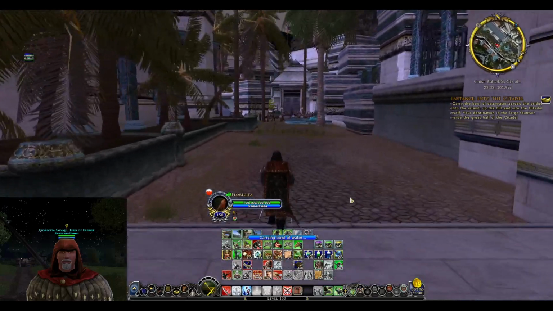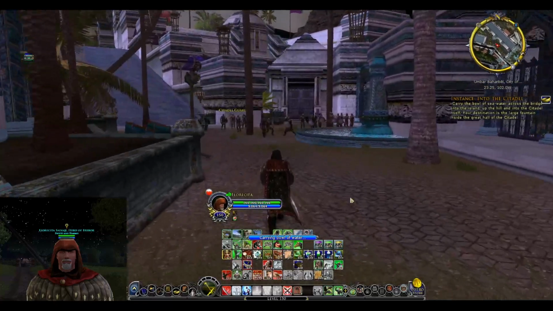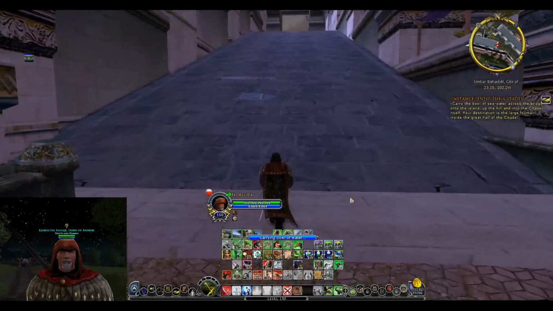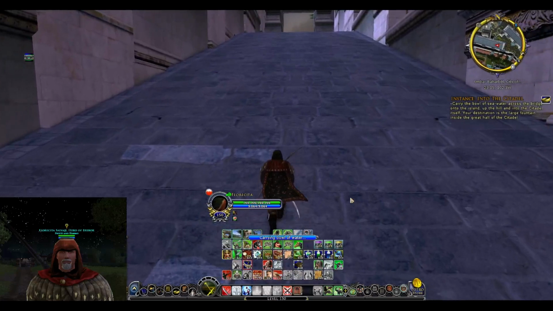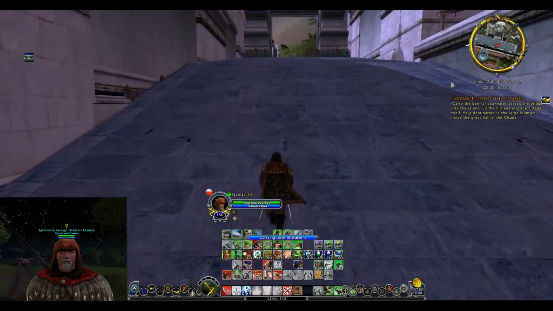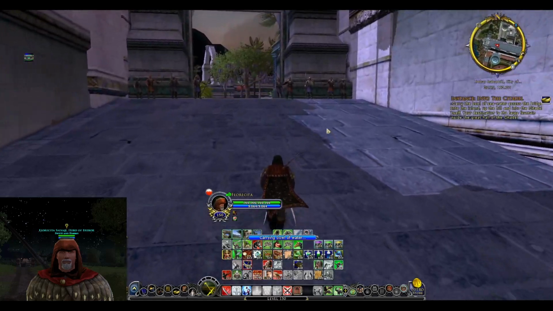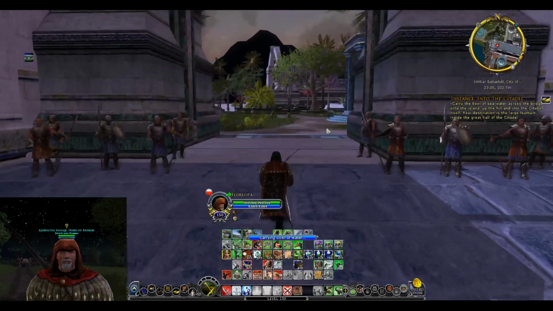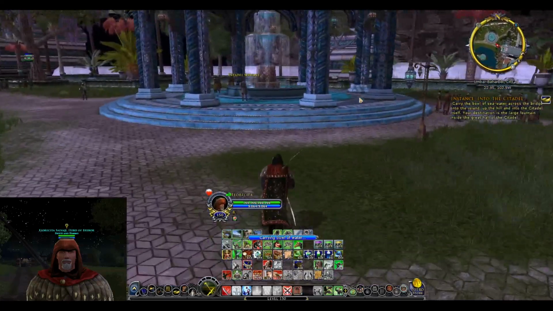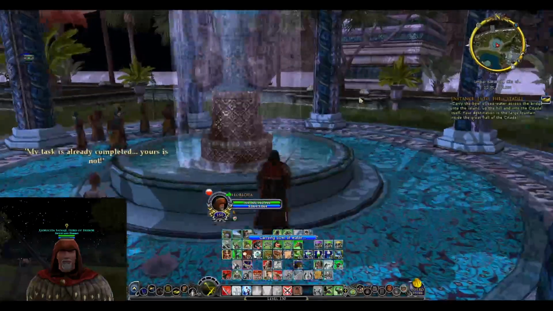That is up a hill to the left. Here we go. Yeah, I suspect this is the Citadel right here. Or maybe over there. Well, excuse me.